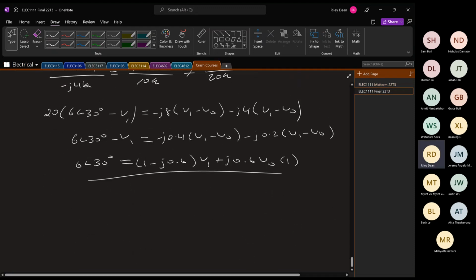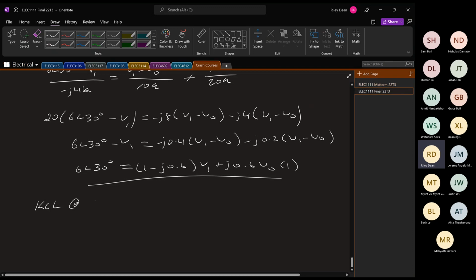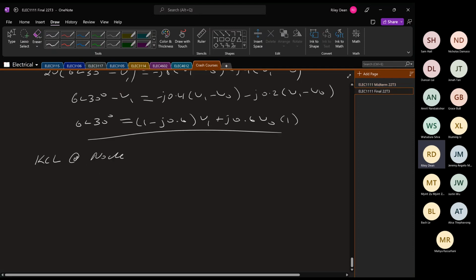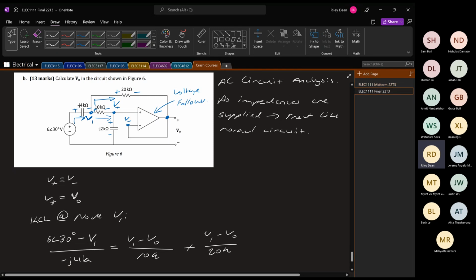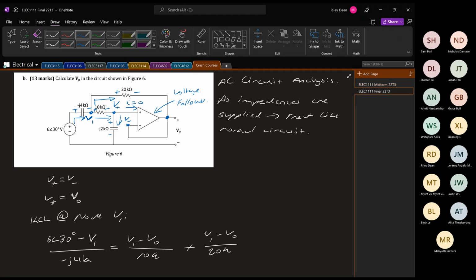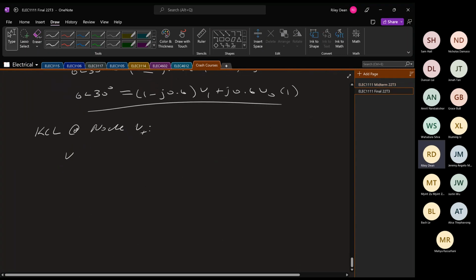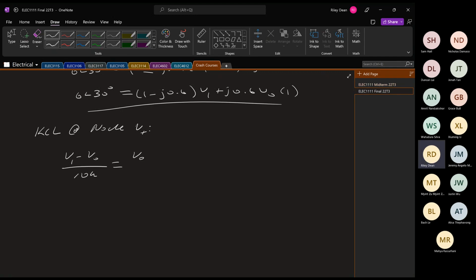Additionally, now we want to do KCL at the next node. For us, this is our V plus node. If we go up, we see that we have one current going in, one current going out, as we know that this current is 0. So we get V1 minus V out over 10K is equal to V out over minus J2K.